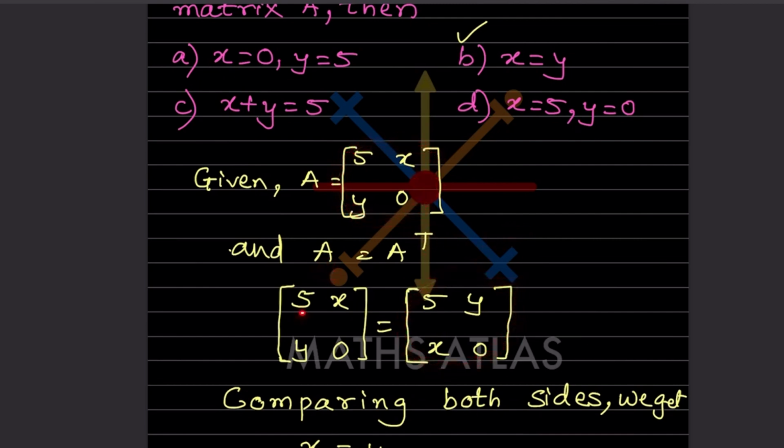Transpose means this 5 will stay here, but this Y will go on this side, and this will come here. These both are going to be the same, but this X will go here and Y will go there. Can you see here? This is called the transpose. So when we compare both sides, 5 is 5, so X should be Y. So X is Y, 0 and 0. So we can say X is equal to Y.